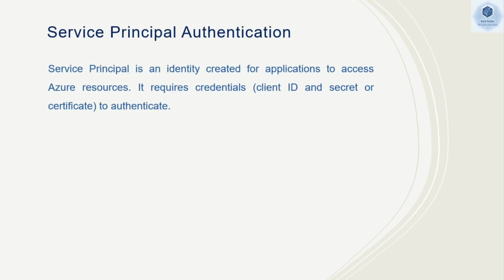Let me give an overview of service principal authentication. Service principal authentication is nothing but creating or registering an application in your Entra ID, and you can authenticate your applications with the help of the registered application's client secret. You can generate secrets for particular durations, and use the client ID and the secrets to authenticate your applications.